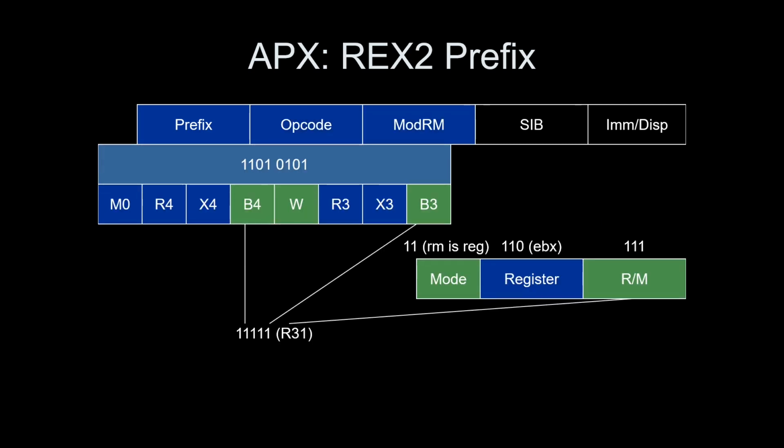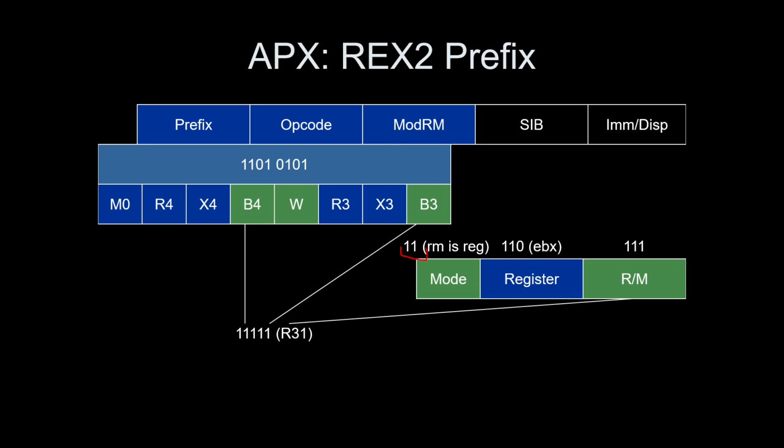Here's an example of how this could work for extending the registers. Let's say I'm trying to extend the RM field to address the last register possible in a set of 32 registers. And let's say I'm doing a register-register operation. So this means if both mode bits are 1, that means I'm going to directly use this to address a register value, not do an operation that takes a value from memory. We're going to do a register-to-register operation.